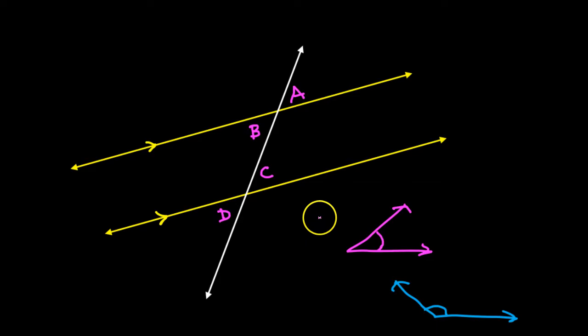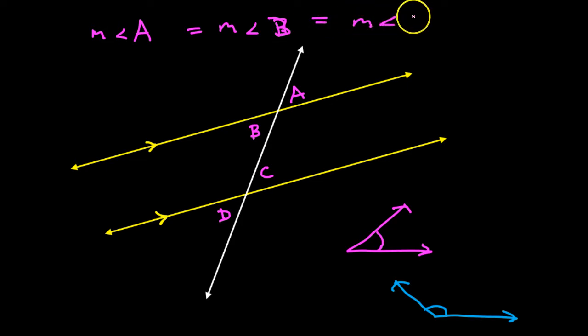Now, the bottom line is all of the acute angles that I just labeled have the same measure. They are all congruent. So the measure of angle A equals the measure of angle B, and that equals the measure of angle C, and that equals the measure of angle D. So if angle A is 40 degrees, for example, then all of these pink angles are 40 degrees.